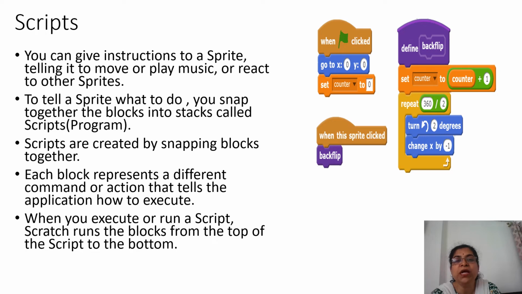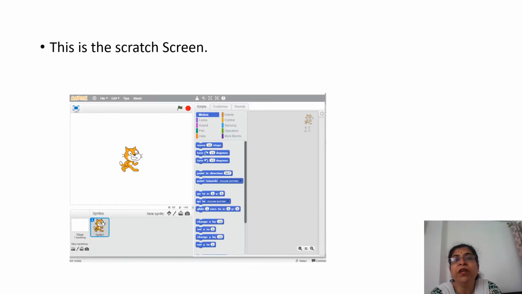Each block represents a different command or action that tells the application how to execute. When you execute or run a script, Scratch runs the blocks from the top of the script to the bottom. Now, whenever you start Scratch programming, your screen will look like this.